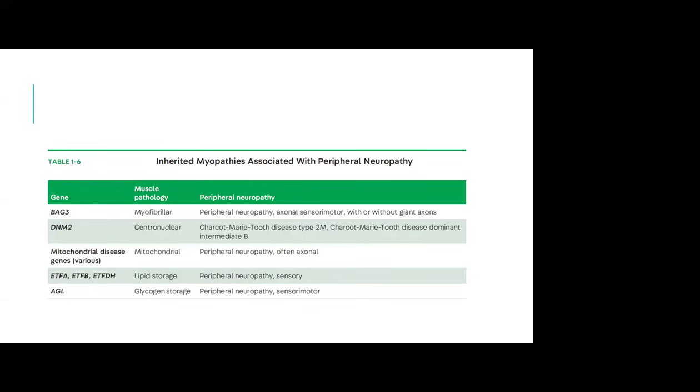Then centronuclear, which has Charcot-Marie-Tooth, type 2, Charcot-Marie-Tooth disease with the dominant intermediate B. And mitochondrial, which could have peripheral neuropathy, often axonal type. And lipid storage, where peripheral neuropathies and sensory neuropathy can be associated. Then glycogen storage, we have peripheral neuropathy and sensory motor neuropathy.